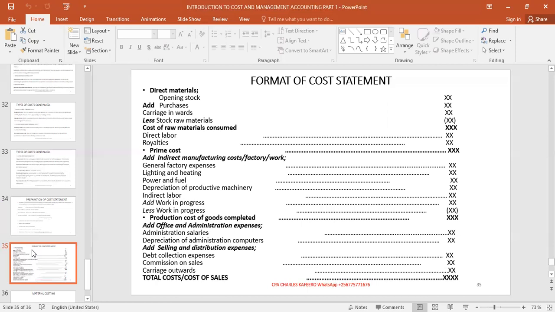When you get the cost of raw materials consumed, having known the cost of the raw materials, we can now add these other conversion costs so that we can convert those raw materials into finished goods. Among these conversion costs, you have the direct labor and direct expenses, and this time the direct expenses, we say the royalties.